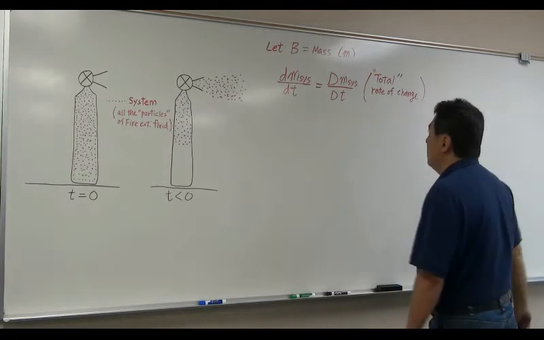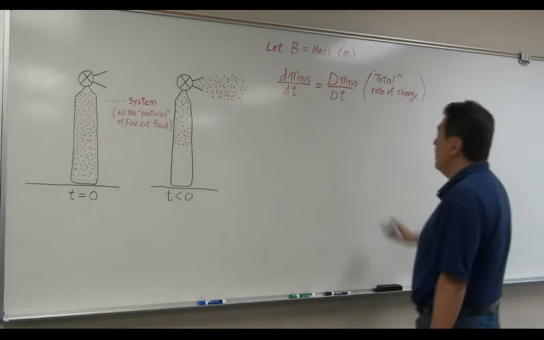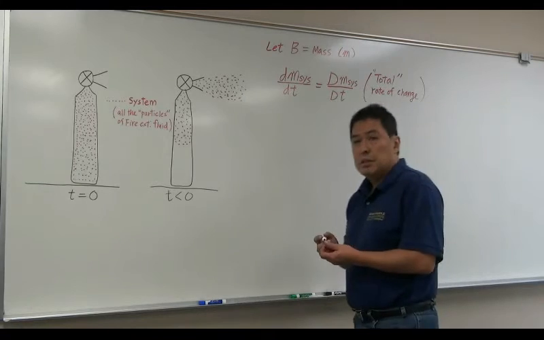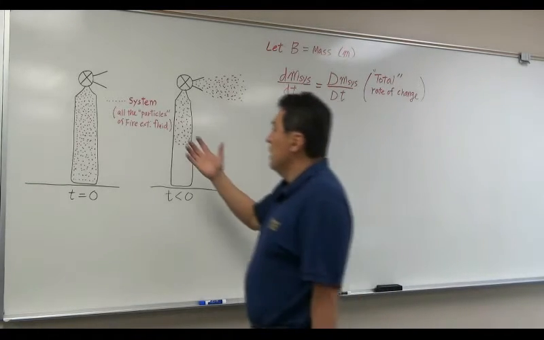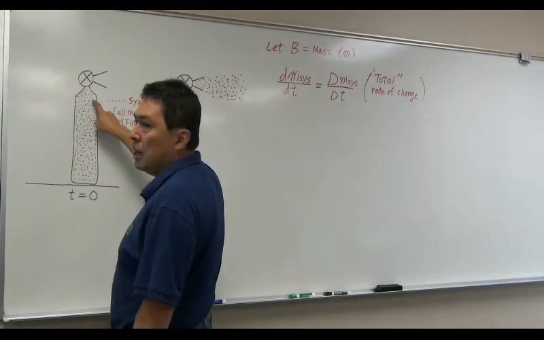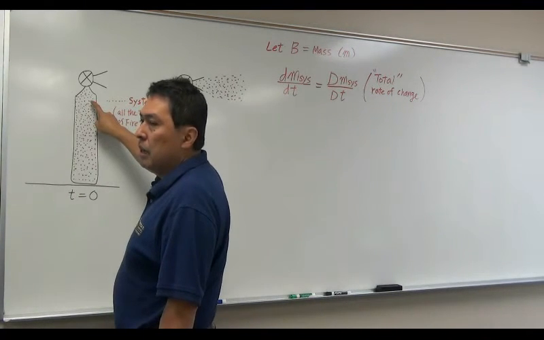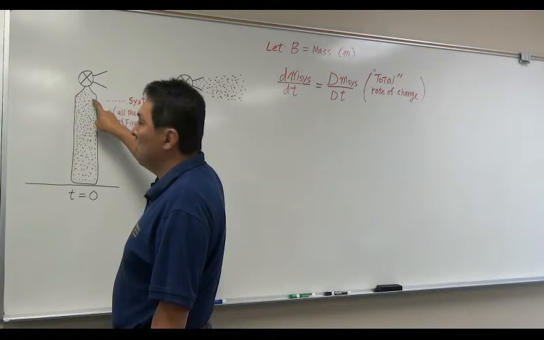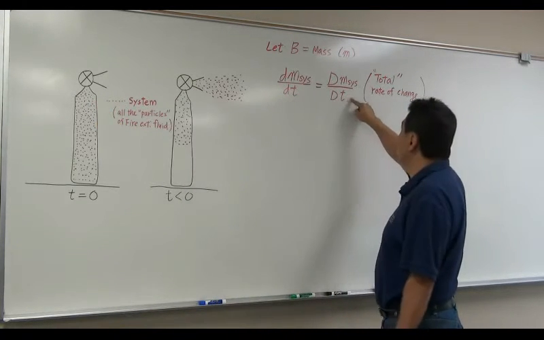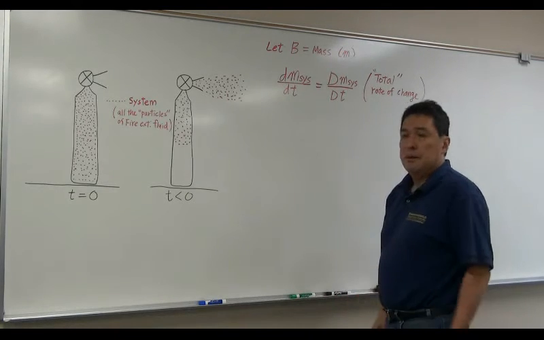So under the Lagrangian or system approach, you have to keep track of the total rate of change of the system property. That means for every single particle, as it moves and as time goes by, how the property of each particle changes. That's this. So you have to keep track of the total rate of change.